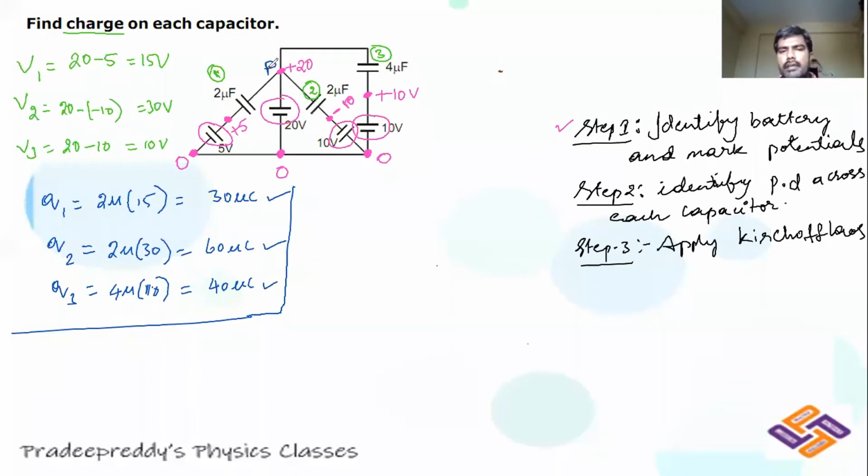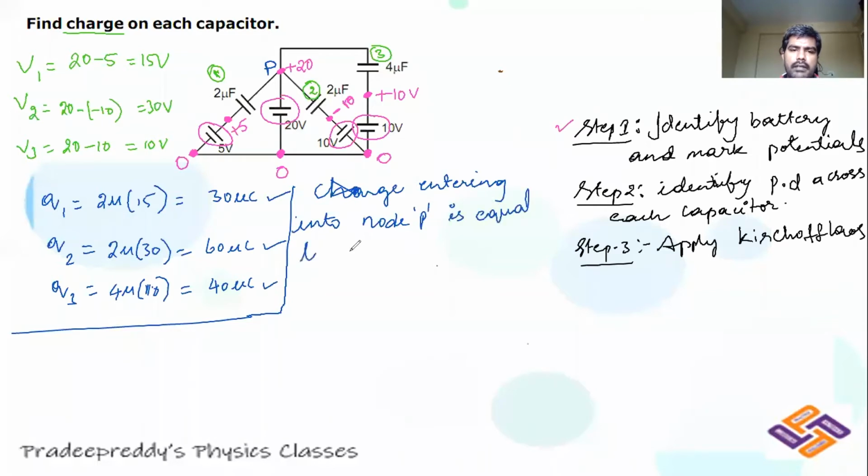So you can use even KCL, and you can write down: charge entering into node P is equal to charge leaving. Right?